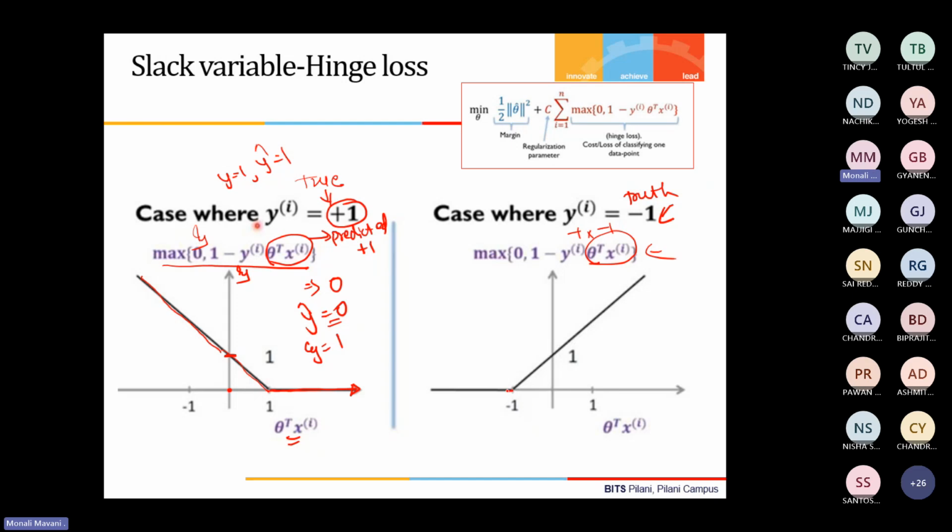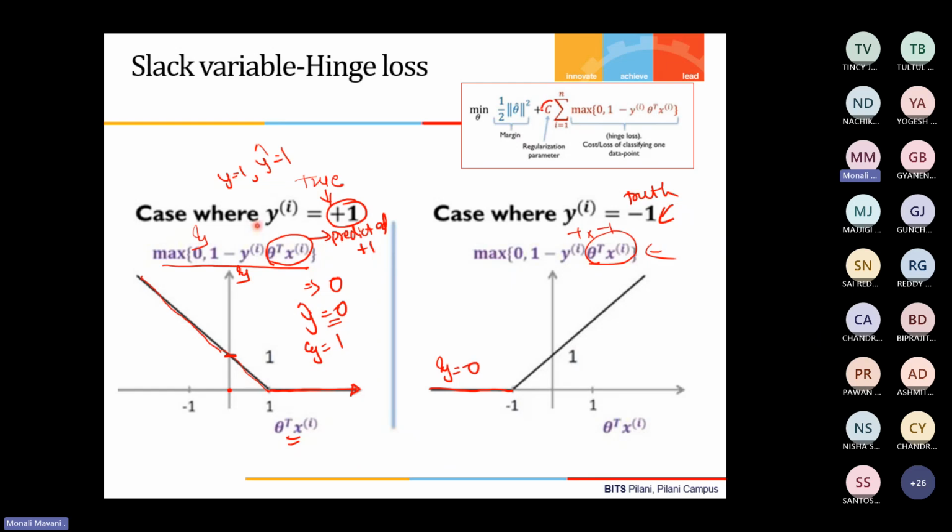So we'll have a loss of 0, that means the slack variable value would be 0. Hinge loss is also used in a lot of other places, but here it is used to calculate the value of the slack variable.